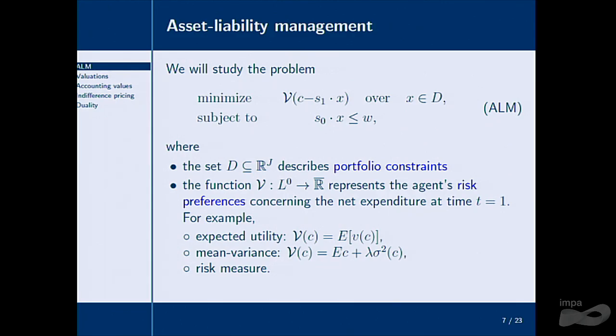And in the other case, the agent doesn't care. The value of V would be 0. That's more of a mathematically interesting case, the super hedging with that kind of extremely risk-averse agent.